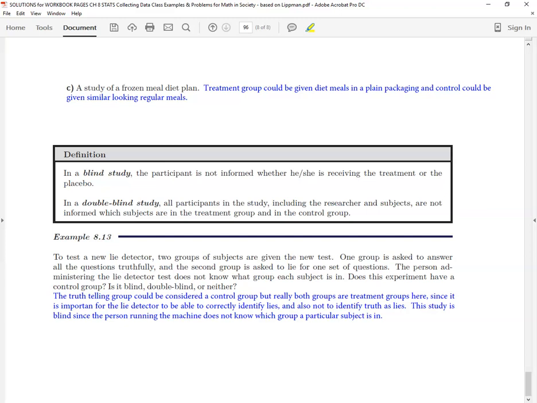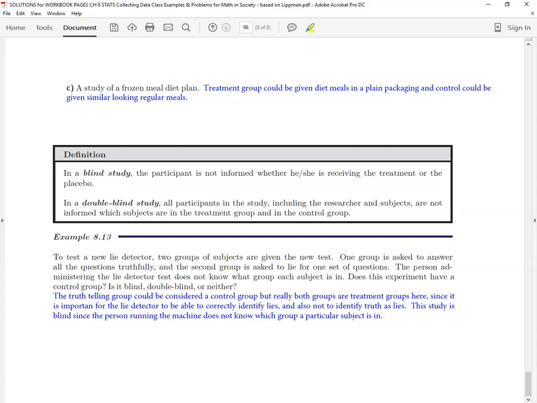So the truth-telling group, you could think of that as control, but really, both groups are kind of having an intervention, because one's told to tell the truth, and one's told to lie a certain amount of times. So that's because this lie detector has to correctly identify lies, but also not identify truth as lies.